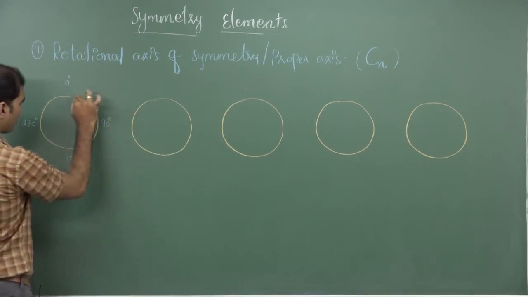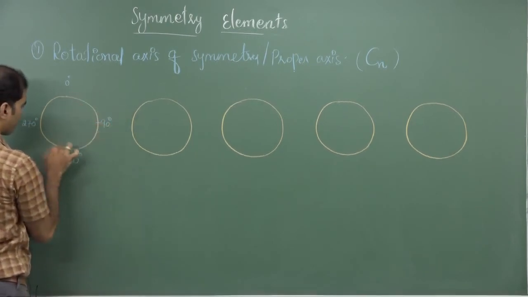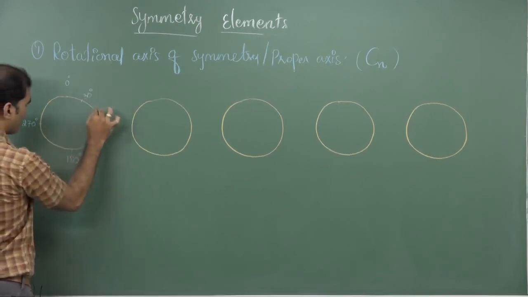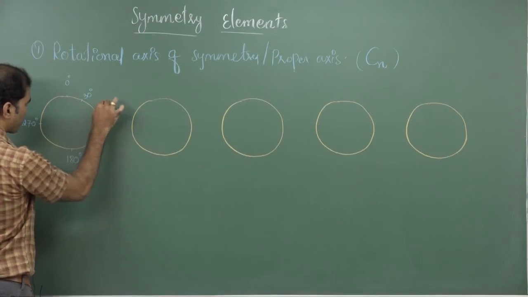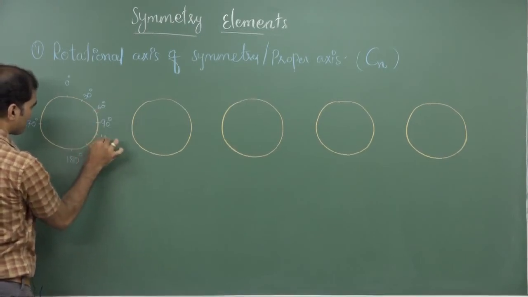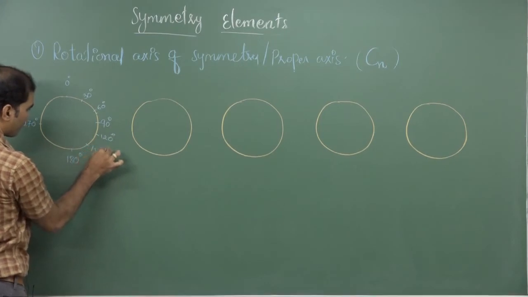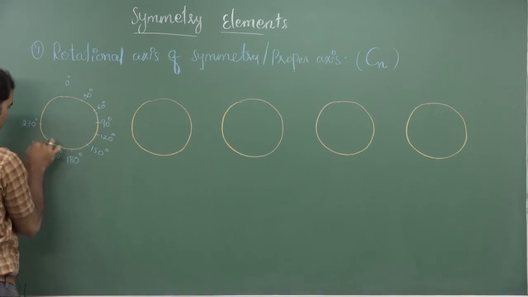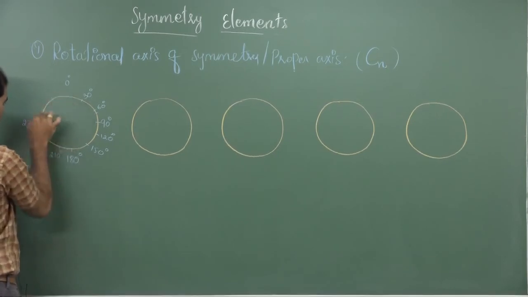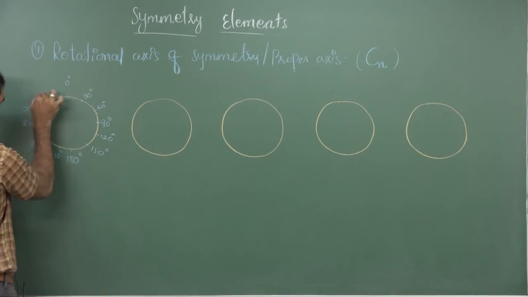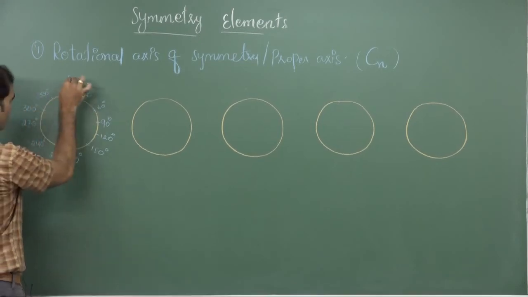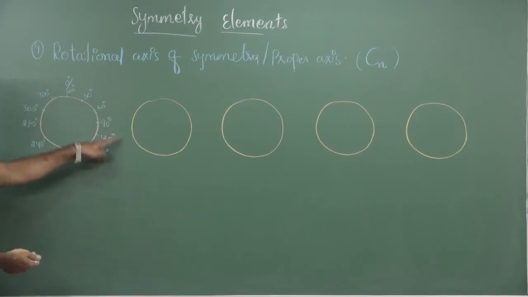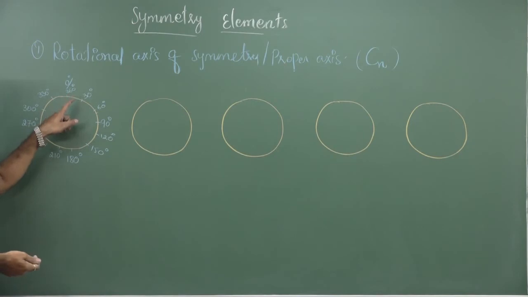In between, if you want, you may indicate some other angles, 30, 60, and once I complete it, that becomes 360 degree. So starting from 0 degree, as you rotate, finally we end up at a 360 degree angle.